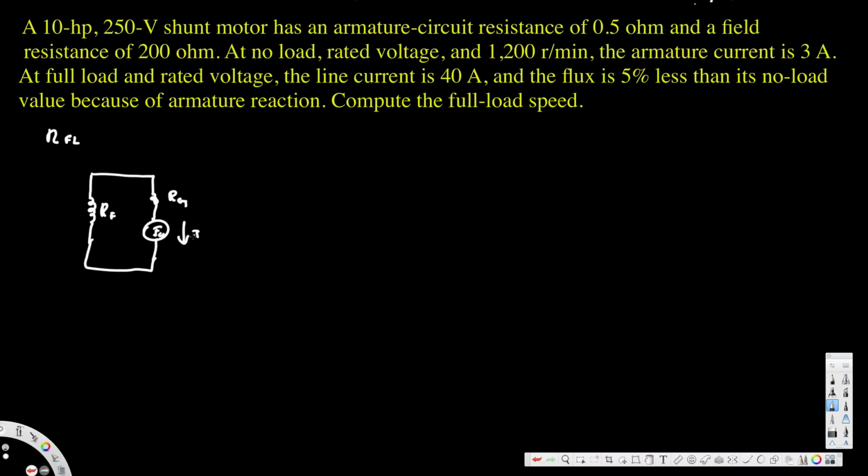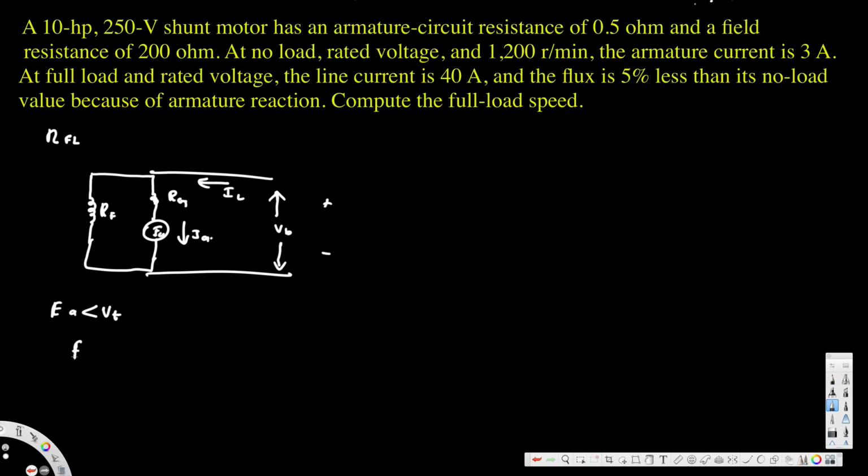Current is going downward, IA. Load current IL is going this way, and the voltage across this is VT, plus minus. And this is a motor where EA is less than VT at no load.